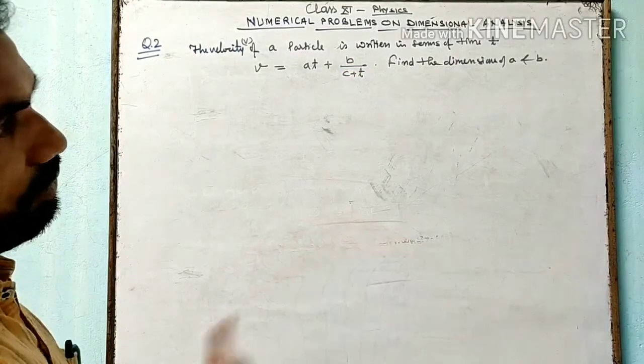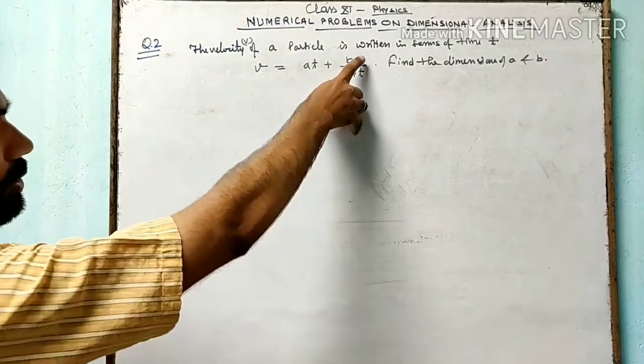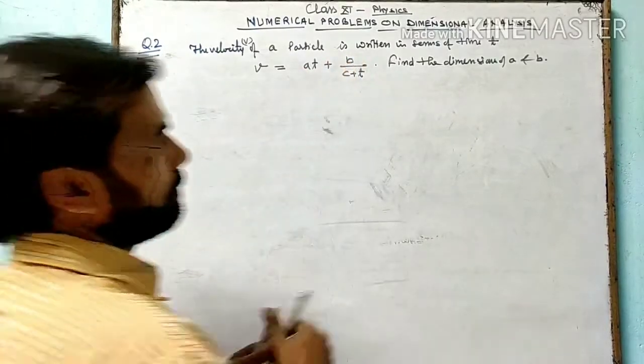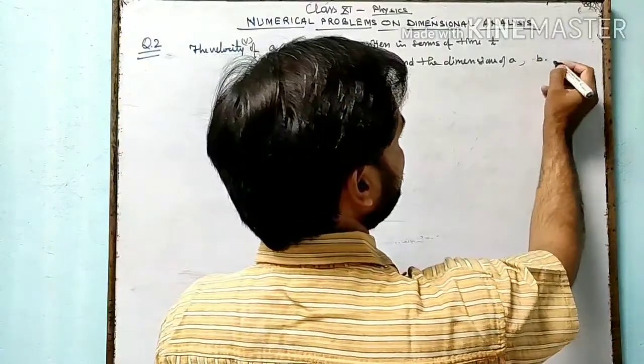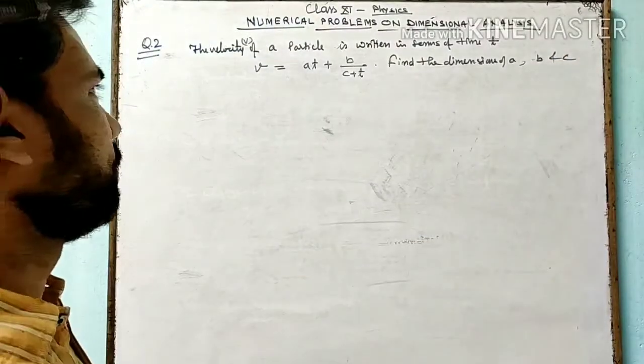Find the dimensions of a and b. We have to find out the dimension of a, the dimension of b, and the dimension of c as well. How can we solve this problem?